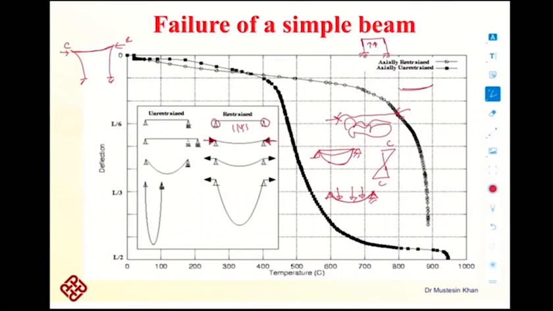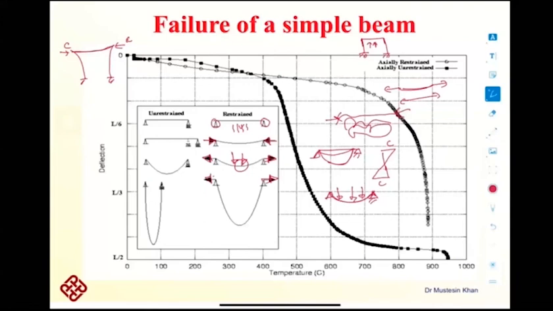But if a cable is hanging, and if you apply a tensile force to it, it will get straightened up, okay, under a tensile force. It means it can carry a tensile force. So at this stage, this beam will take care of this vertical load under the tensile action, because it is no longer able to carry the load under the bending action. Now it will take care of the load under the tensile action.